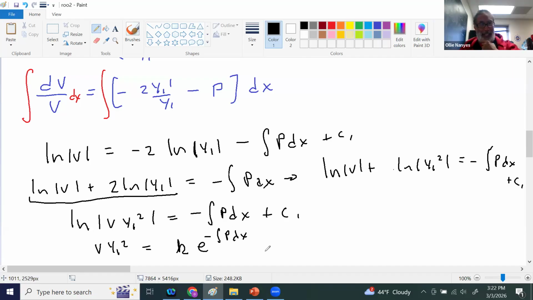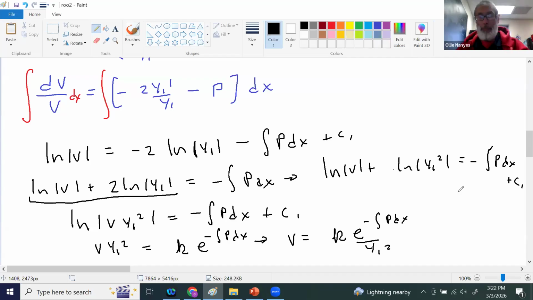This looks like an integrating factor kind of thing. And then division by y1 squared, we get v is equal to k e to the minus integral p dx divided by y1 squared. But remember v was u prime.